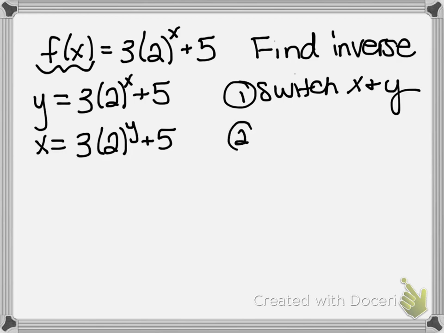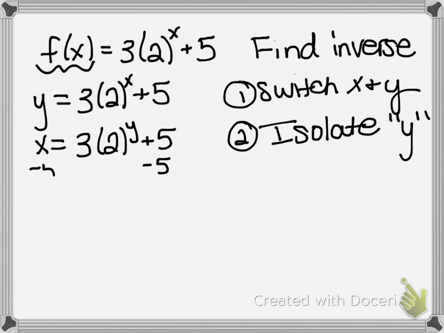And then technically it's the second step. Usually the second step involves lots of other little mini steps because the second step is to isolate y. And so usually that requires moving multiple things to get y by itself. Okay, so what we would do first is we would subtract the 5.